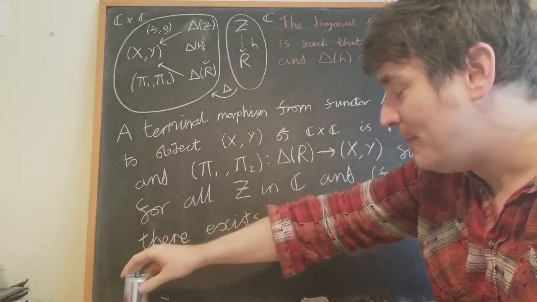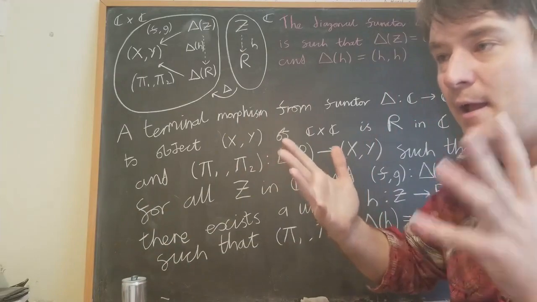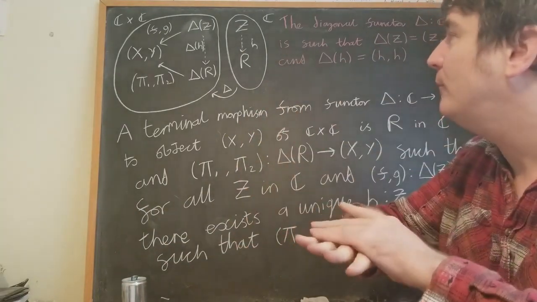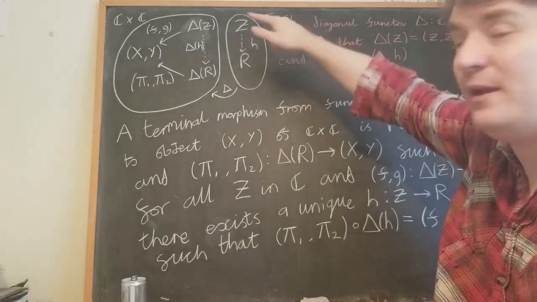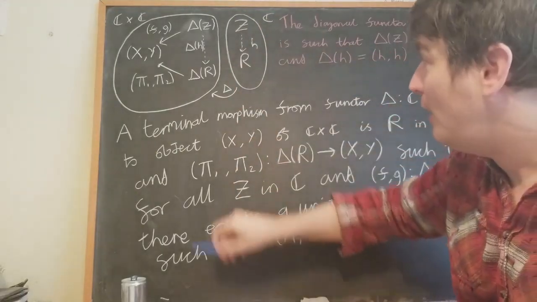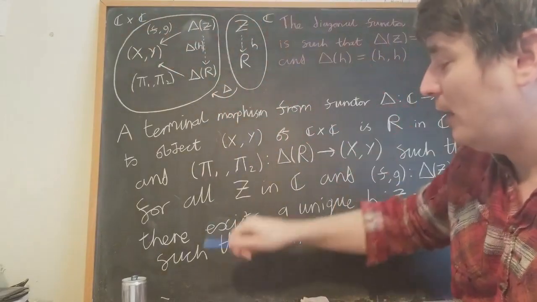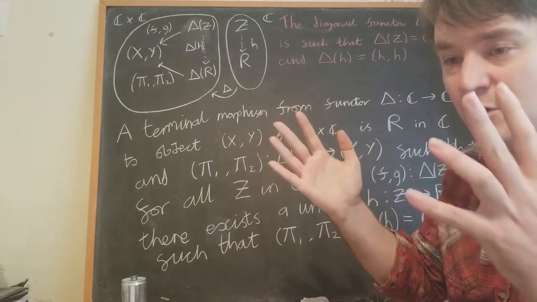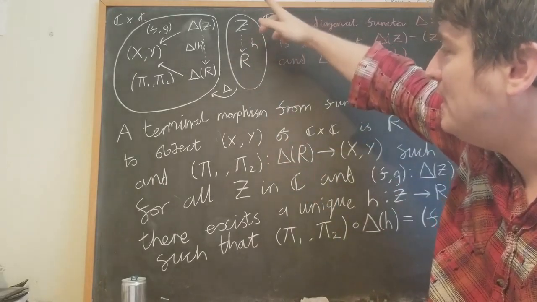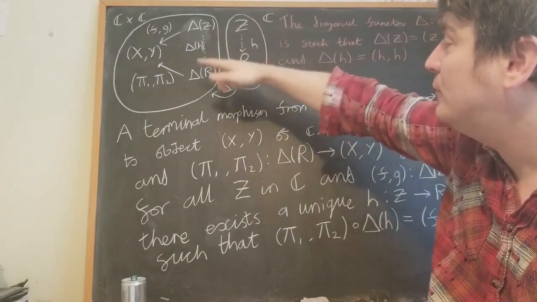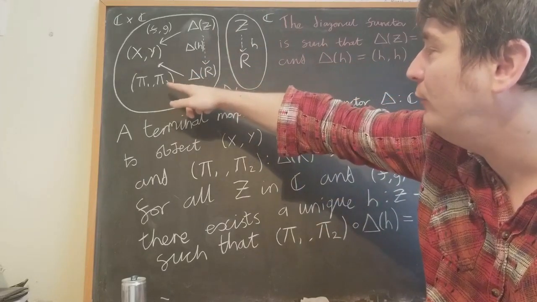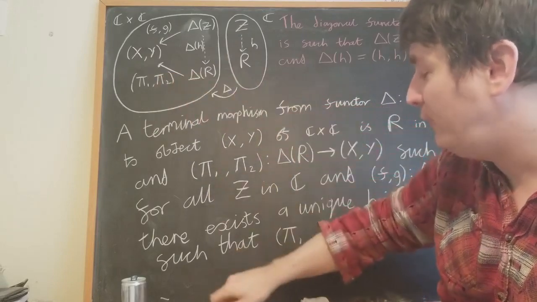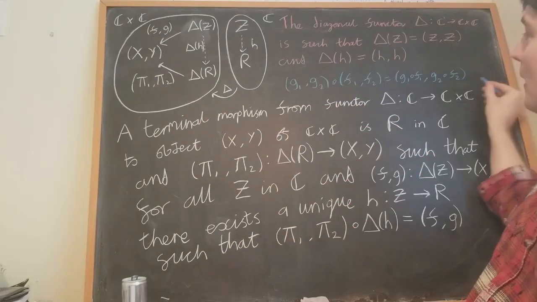So remember, there's another idea, which is that we can take the product of two categories. So we take the product of category C with itself, and we get C times C. So remember that C times C has objects which correspond to pairs of objects of C, and it has arrows which correspond to pairs of arrows from C, and we compose these arrows like this, okay?